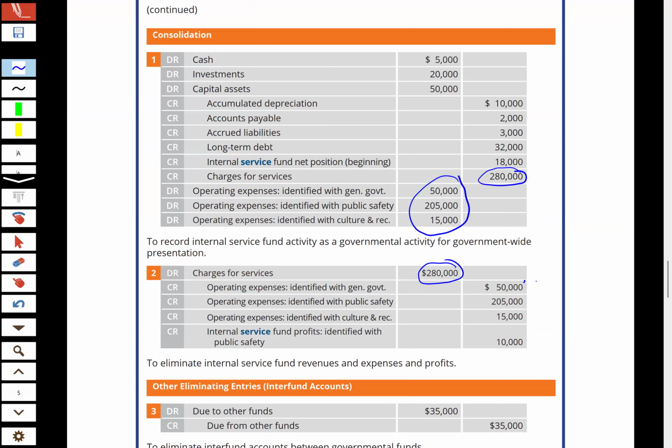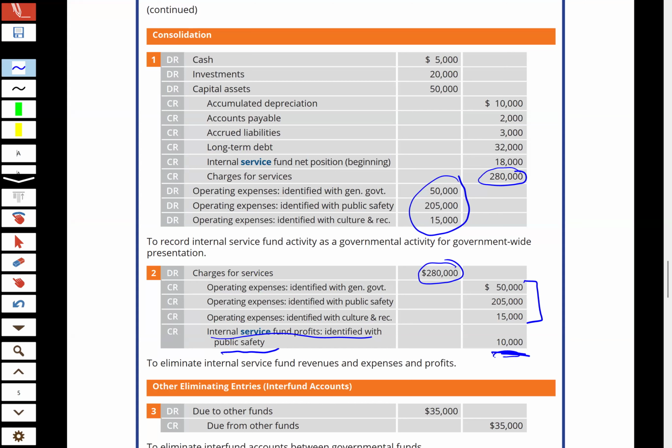Taking those expenses out, and then the difference between the internal service funds revenues and expenses is basically going to be a credit, and it'll be a credit taking out the profit portion of that amount that was included in the internal service funds expenses, because we're sitting there and saying, well, look, you can't have profit by providing revenue to yourself unless you're some sort of shady kind of consolidation purposes, and we're not.